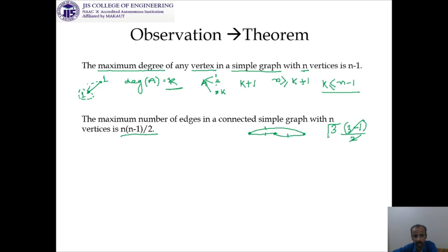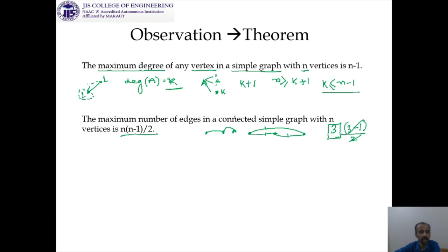What we get as n into n minus 1 by 2 is 3, and the maximum number of edges in a connected simple graph is 3. It is the maximum because it is a complete graph. In other cases, where 3 vertices are connected like a path, the number of edges is 2, which is less than 3.